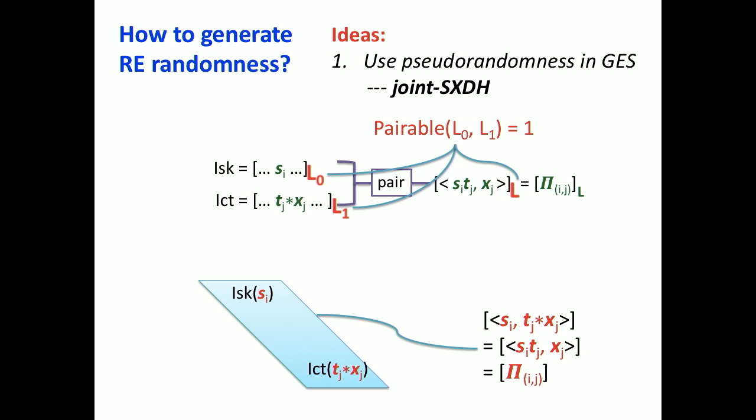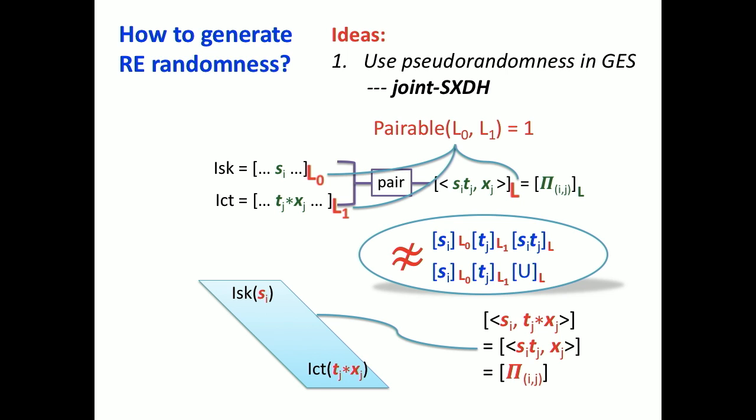Because that's how we compute the inner product, using pairing. If you think about it, what the attacker will see is Si under L0, Tj under L1, and SiTj under label L, which is the product label.